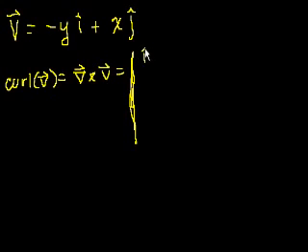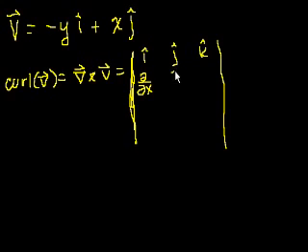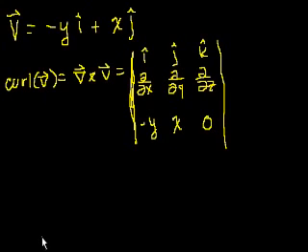So i, j, k, partial with respect to x, partial with respect to y, partial with respect to z. The x component is minus y. The y component is x, and we have no k component. This one should be a little bit cleaner to calculate than the last example.